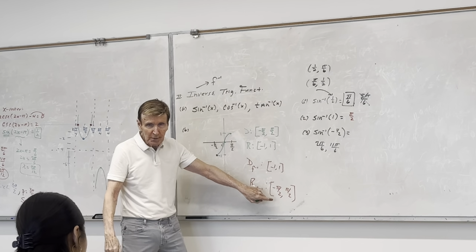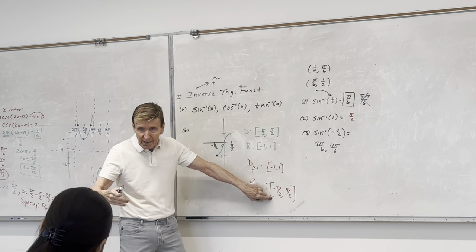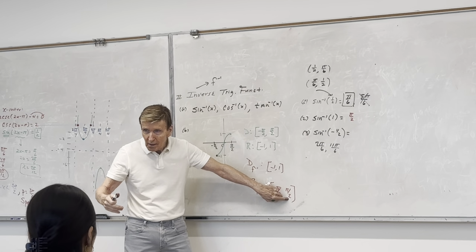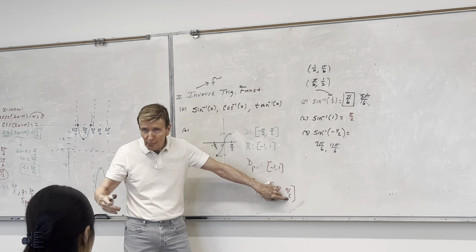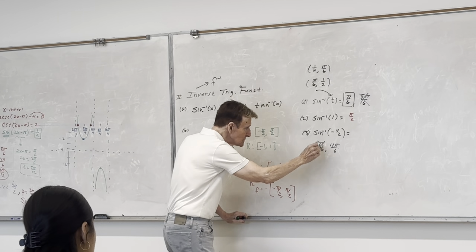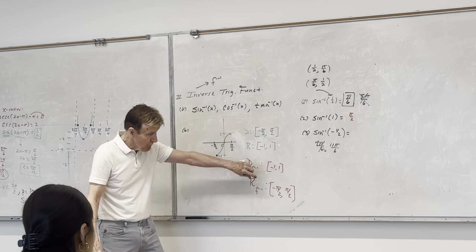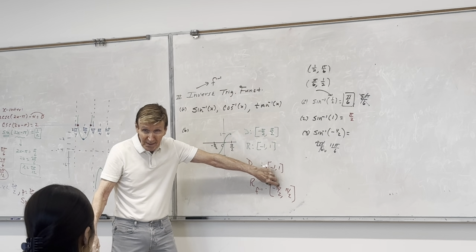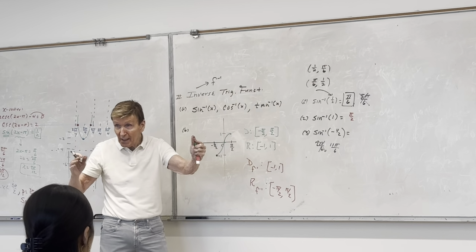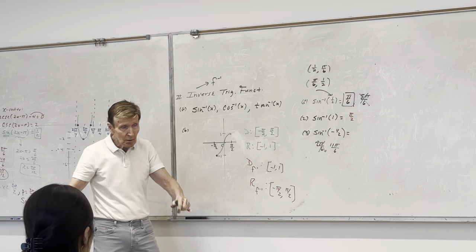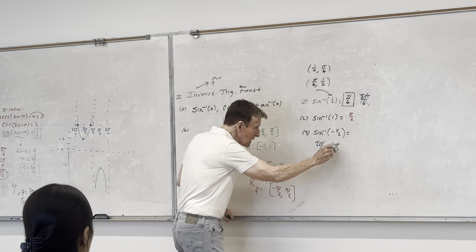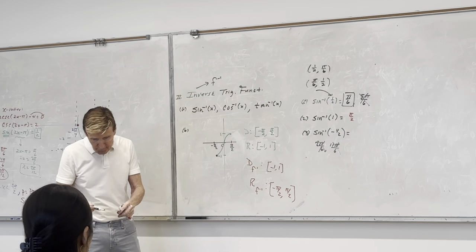Would 210 fall between, by restriction, -90 and +90? No. That one is even worse. That's 330. Could you fit positive 330 in between -90 and +90 if you line them up? No, it's outside. Professor, there's no answer. There's an answer.